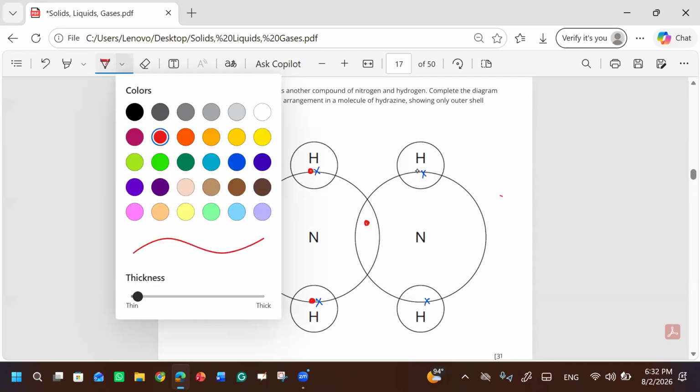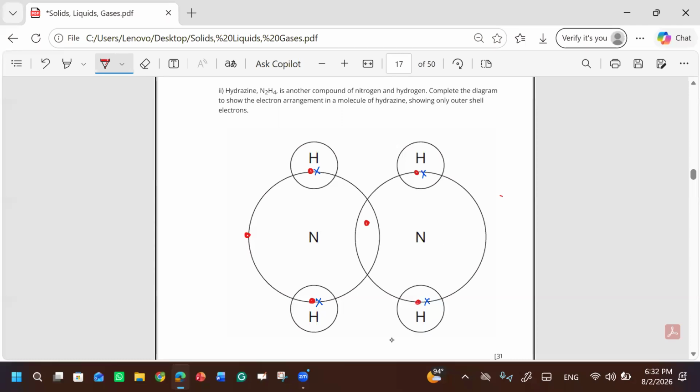Now, one, two, three, four, five, six, seven. There should be another cross between the nitrogens, not across the dot, because it's sharing with the nitrogen.